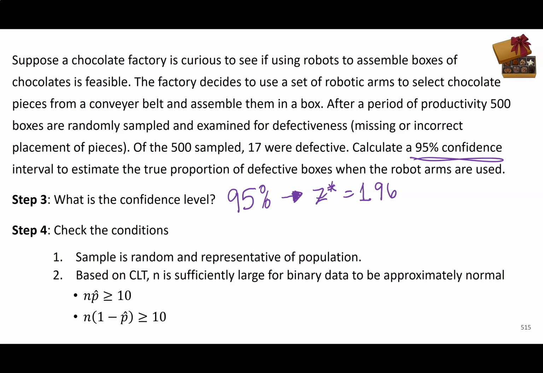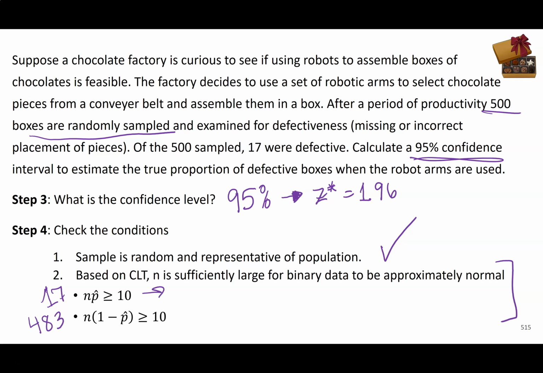So then checking my conditions, did we take a random sample? Yes. So 500 boxes are randomly sampled. So yay. We can say that these 500 boxes represent all the boxes that this robot arm makes, at least in this productivity period. And then based on the central limit theorem, is our sample size big enough? So we had 17 defective ones, which means we had 500 minus 17, so 483 not defective ones.